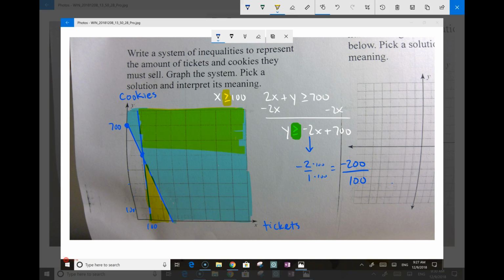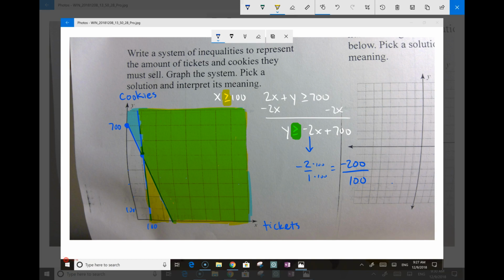The reason this is happening is because I have two graphs interacting. It's like a chemical reaction. I have two things interacting at the same place, same time, and they're creating this result. This green area, which was formerly blue, now green, represents a combination of solutions for both my inequalities.